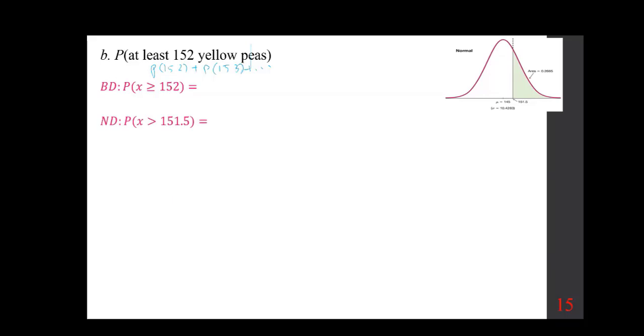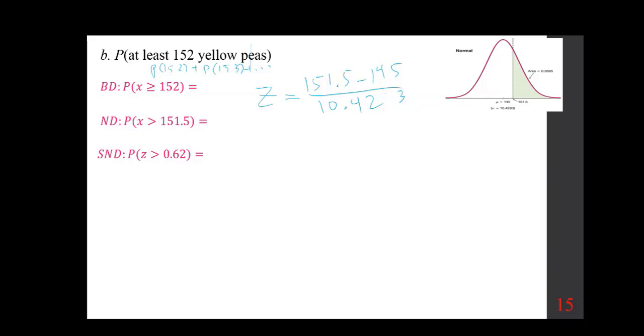Now, z-score, I think by now everybody knows how to handle the z-score. Z is x minus mu over sigma. So all you have to do is plug in. So z is x minus mu, which was calculated on the previous page as 145, over sigma of 10.4283. And so here's your z-score.